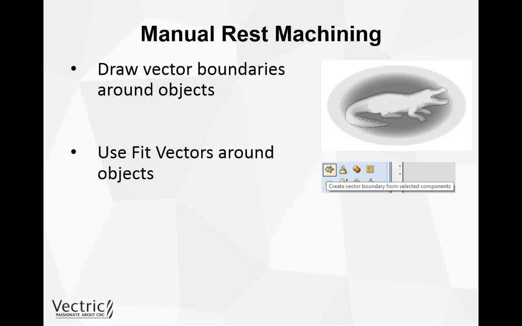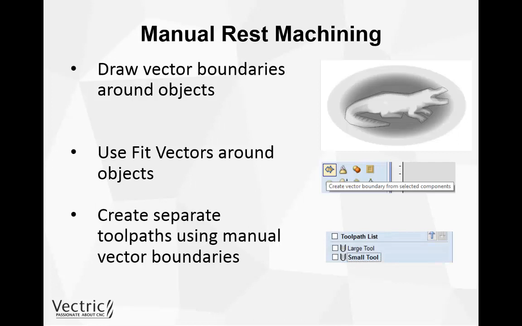And then once we've got our manually created vectors, we then go ahead and create the separate toolpaths using our manual vector boundaries. So we'd have a toolpath with our larger tool, and then we'd have a toolpath with our smaller tool, cleaning up the areas where the larger tool would not have been able to fit.